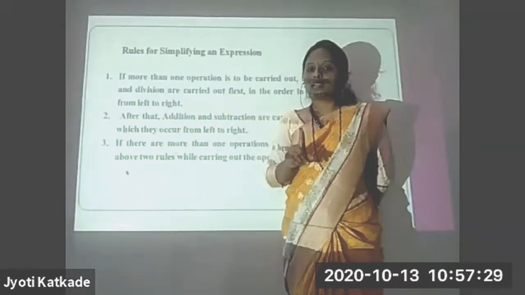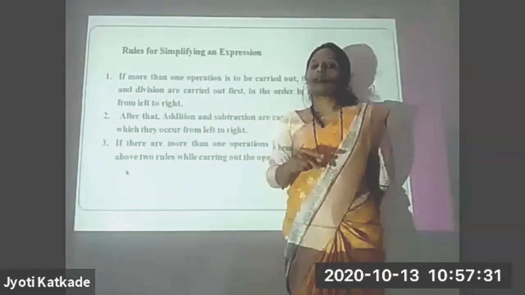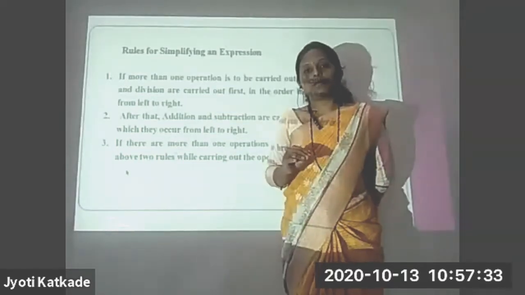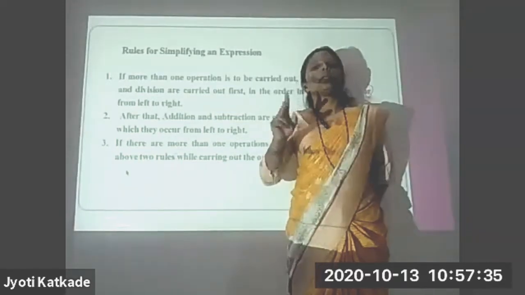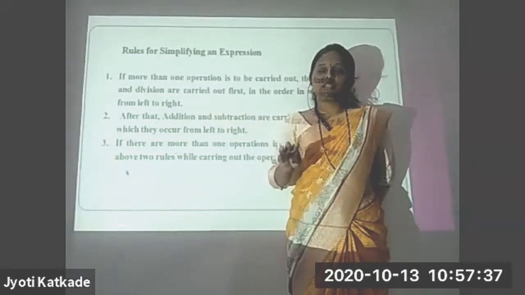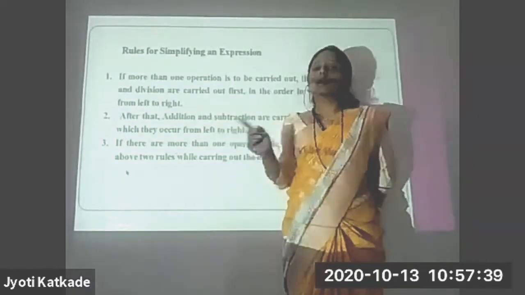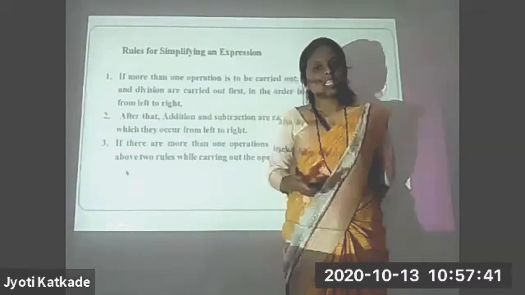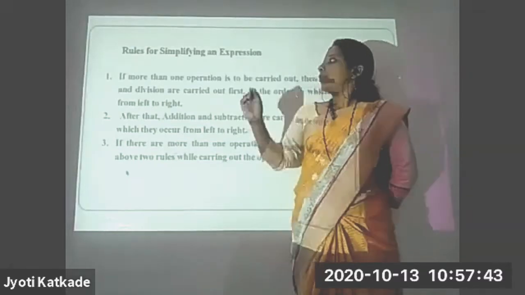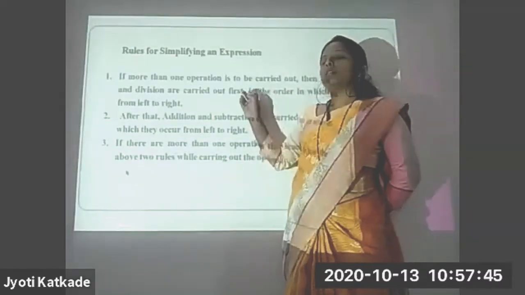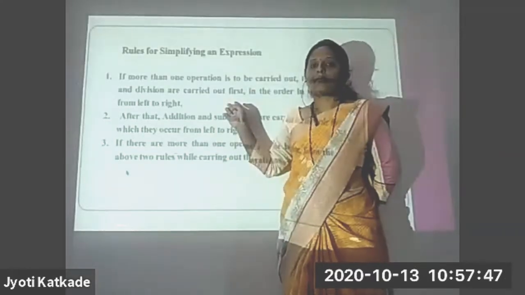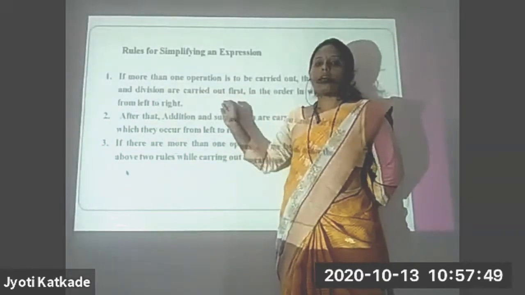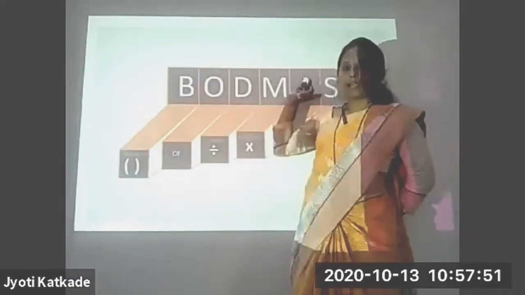Means in one example, if more than one operation is given, means addition, multiplication, division, these all are given in one example. Then how we can solve this example? So do division and multiplication first. And they occur from left to right.